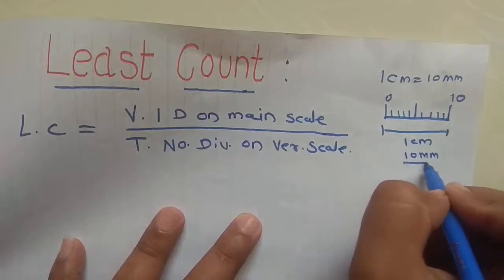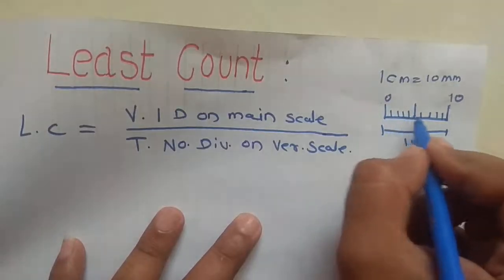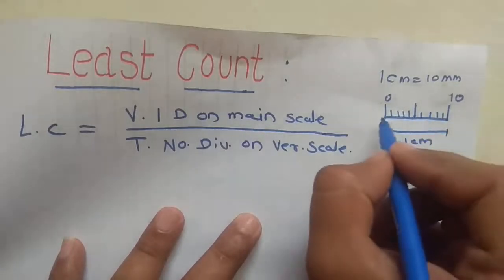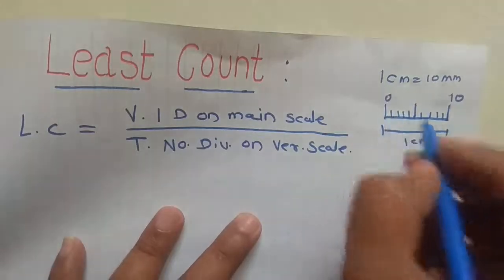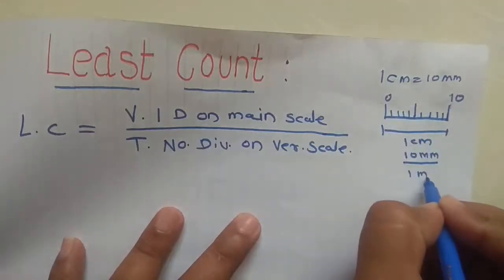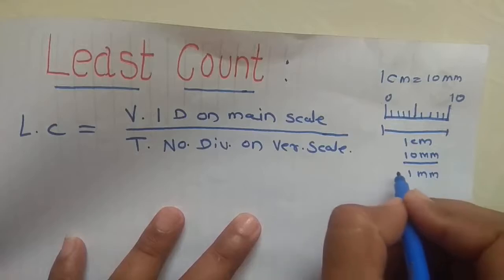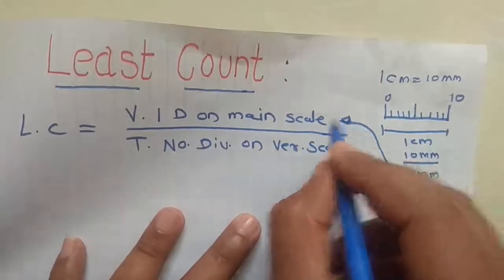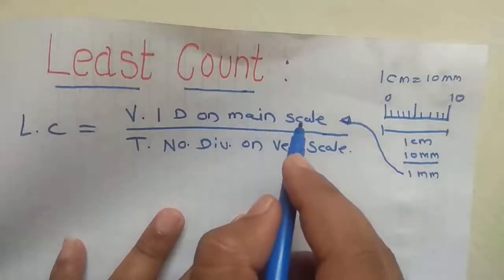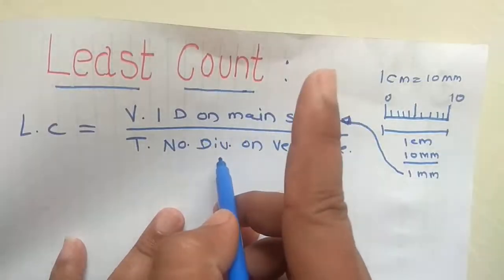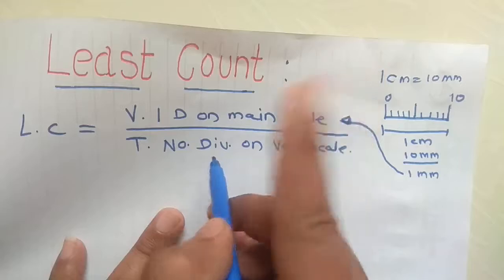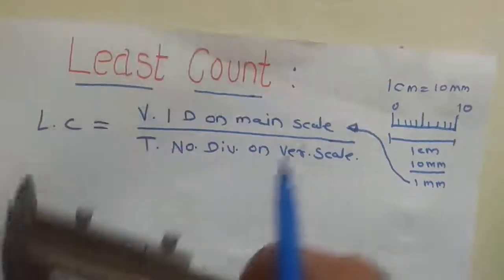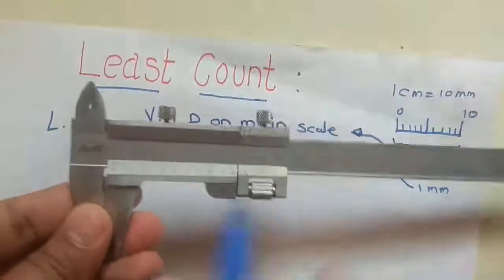As this is 10 mm and the lines are also 10, each line has the value of 1 mm. That means the value of one division on the main scale is 1 mm.